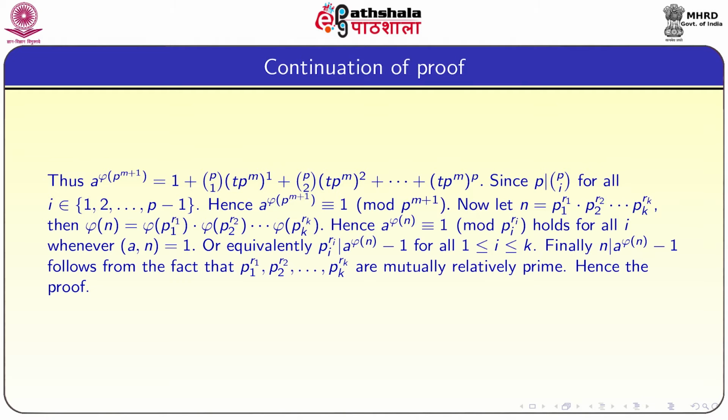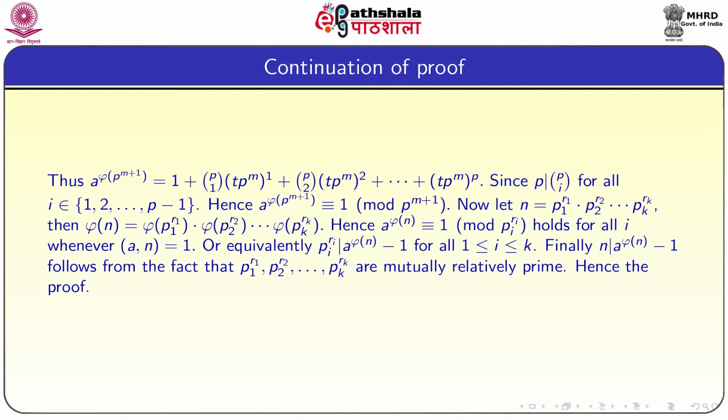Since p divides (p choose i) for all i = 1, 2, 3, up to p - 1, since p is a prime, this is an interesting property of primes.